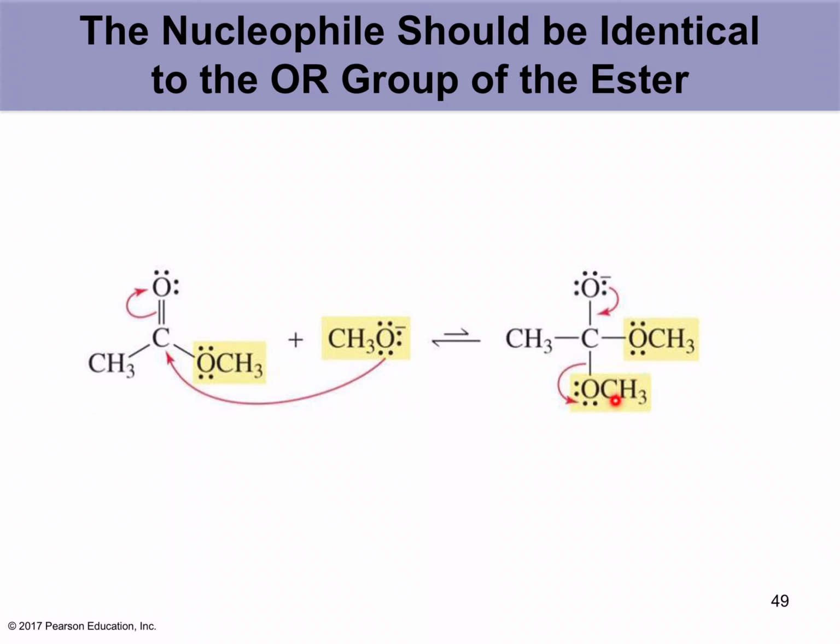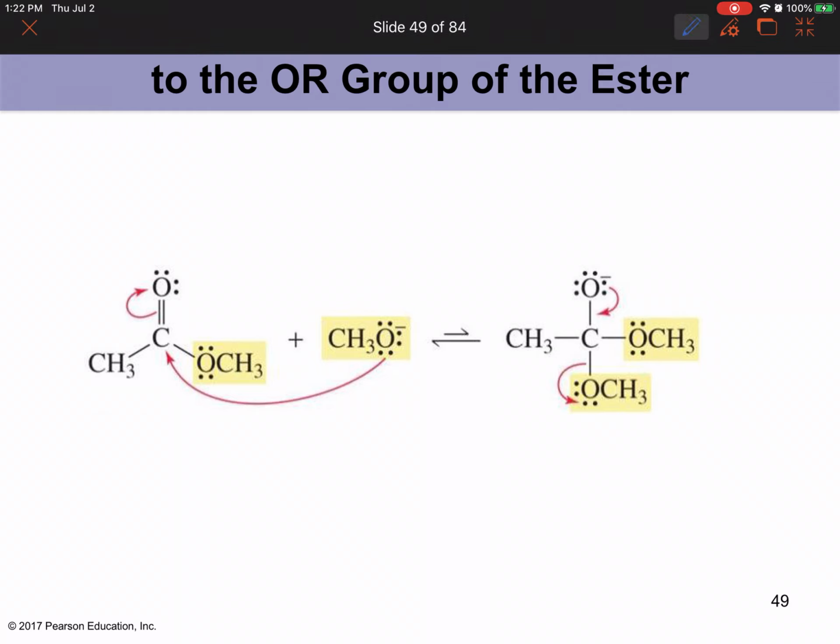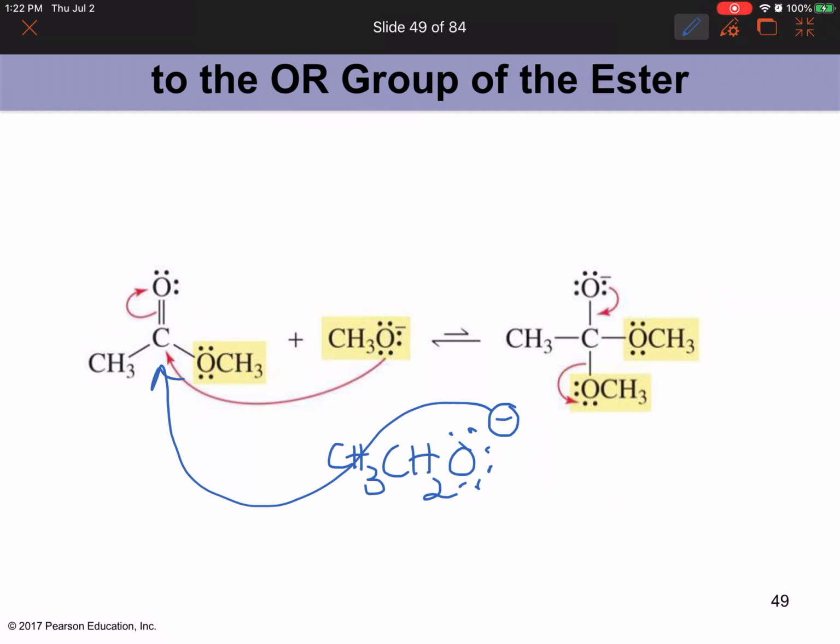But what happens if you use a different alkoxide? Let's say you use this one, CH3CH2O minus. This is ethoxide and the other one is methoxide. So you have this and you add it onto this carbonyl carbon.